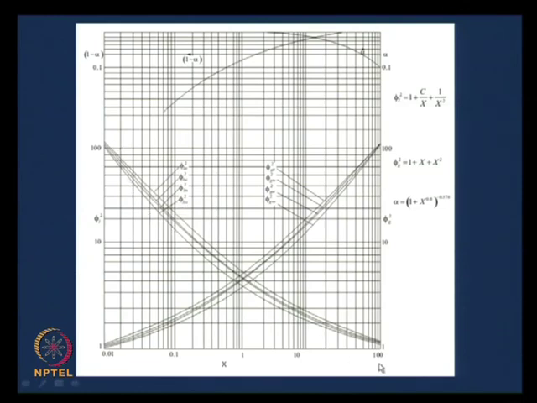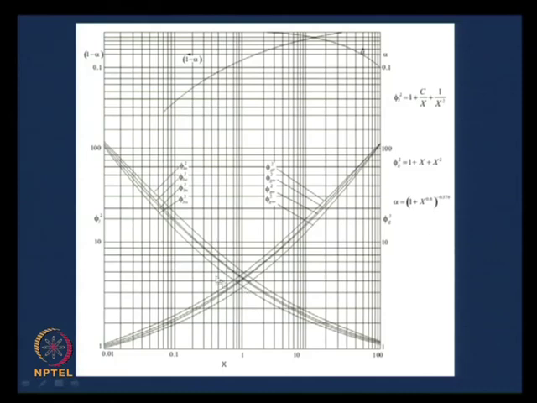These are for phi L square and these are for phi g square. Okay. So, these are the different graphical curves. So, now your situation becomes much simpler. You know x square, you can find it out, you know whether the liquid and the gas are flowing in laminar or turbulent flow.